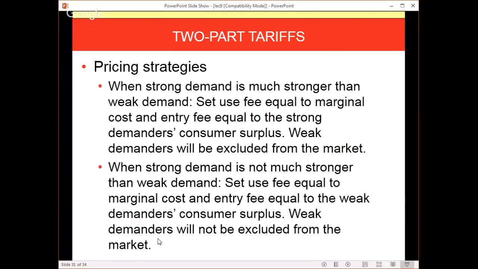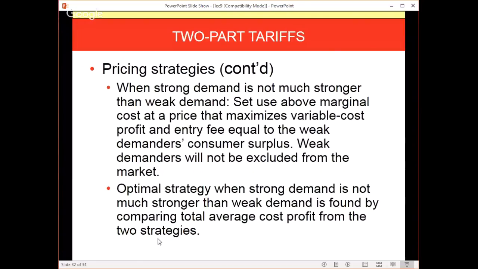In both those latter two cases, the strong demanders join and the weak demanders join. It just depends on which of the options gives me the highest profit. So the optimal strategy when strong demand is not much stronger than weak demand is found by comparing the total profit from the two strategies. That means when the weak demanders and the strong demanders are close to each other, I just choose which profits best.